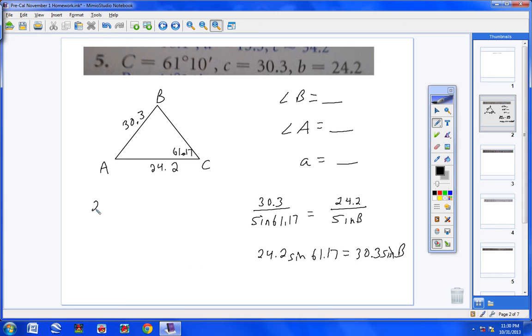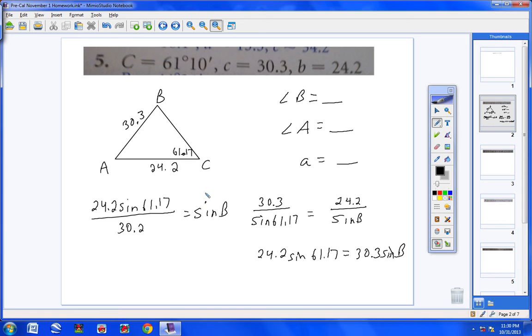So we end up with 24.2 sine 61.17 divided by 30.3, all of that equals sine B.